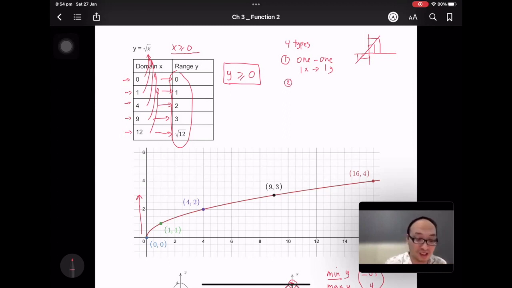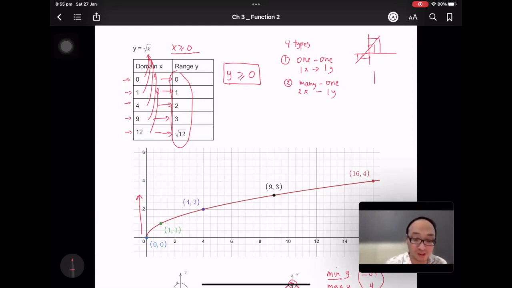The second one is many to one relation. Many to one relation means we have at least 2 x values matched to one range, one y.